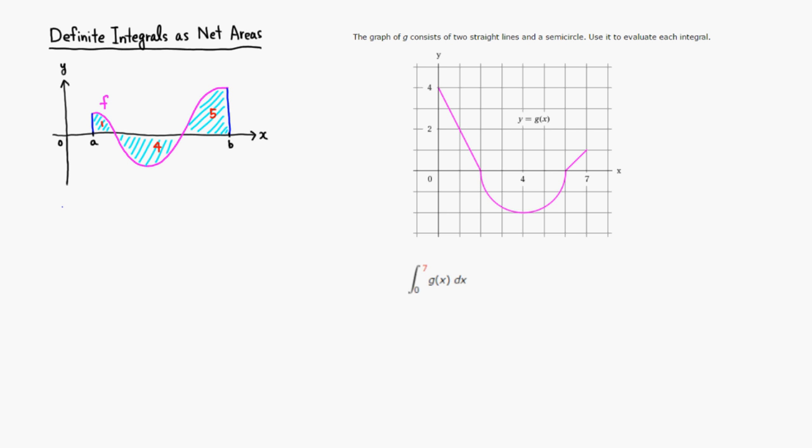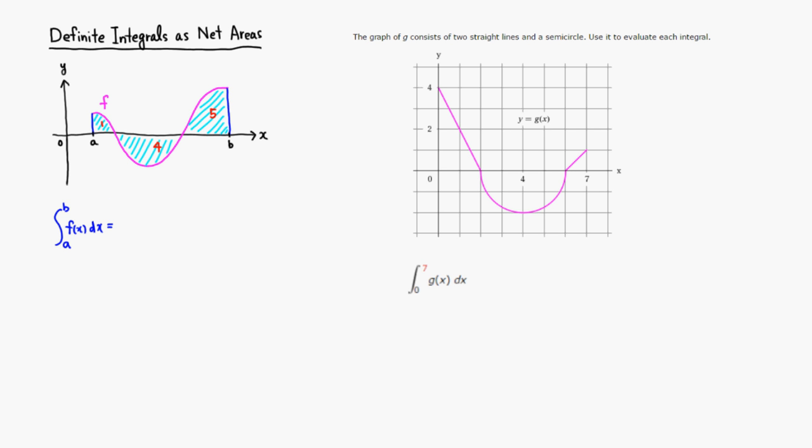If you look at the integral from a to b of this function f of x dx, this integral is a net area. That is, if you have a region above the x-axis, the area counts as positive.